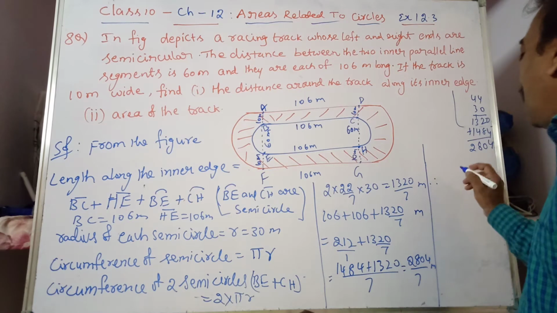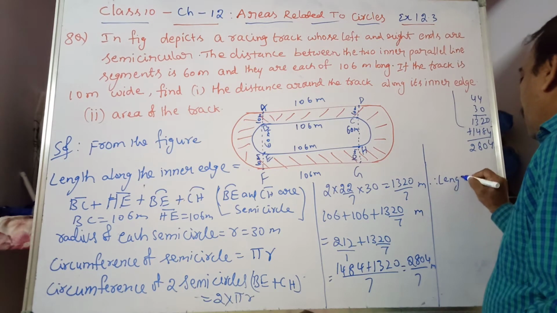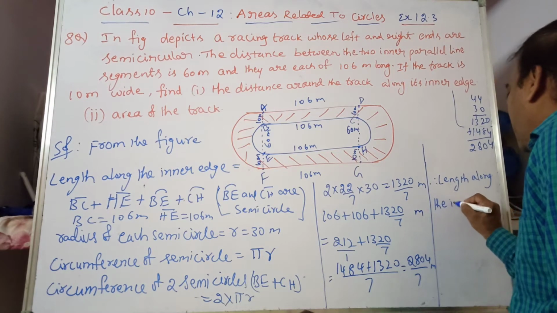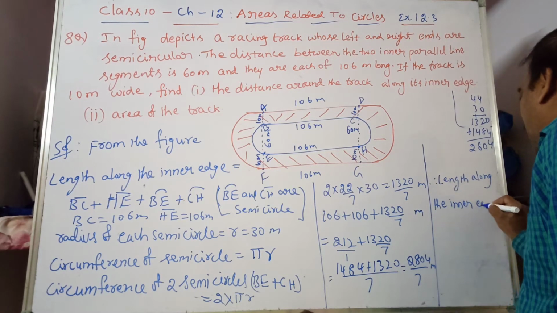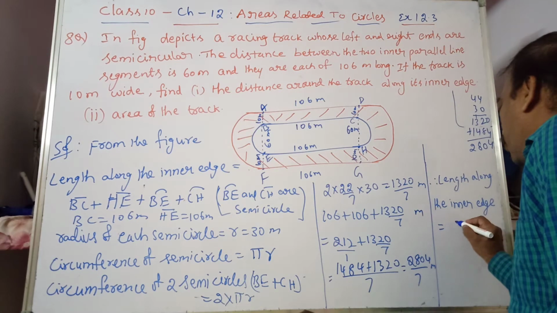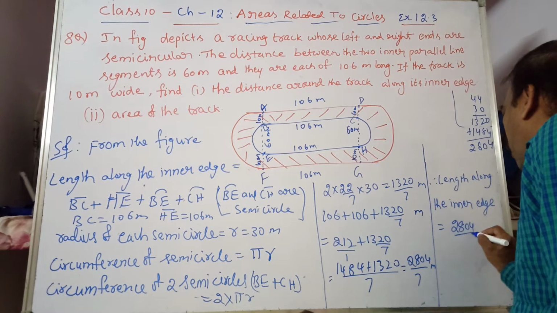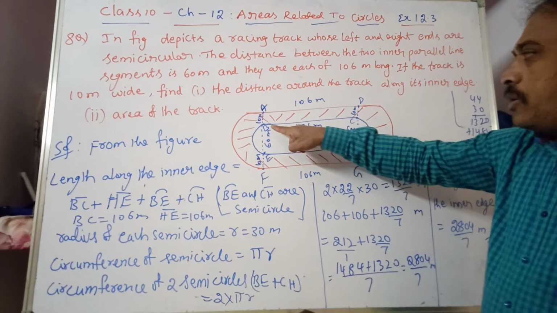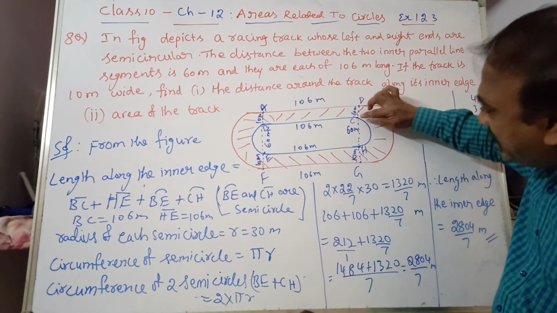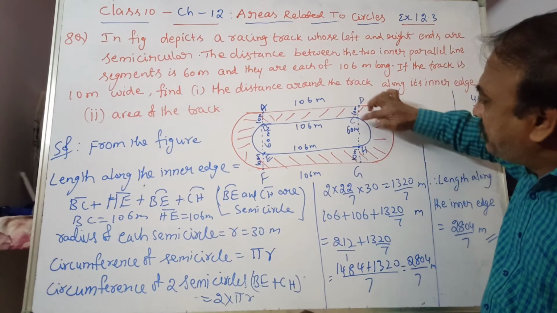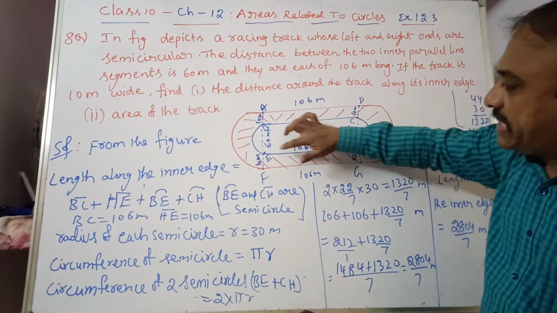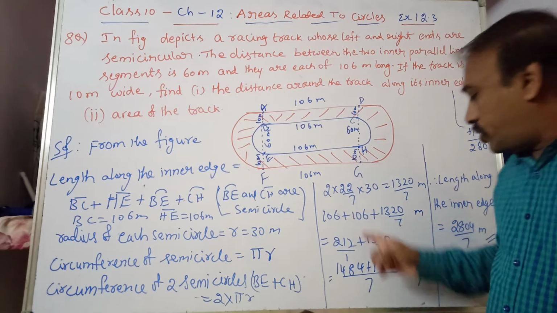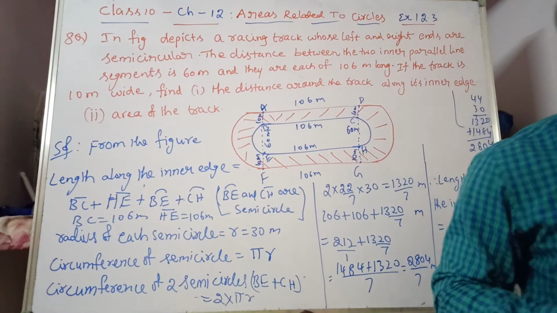Therefore the length along the inner edge is 2804 by 7 meters. The 106 meters and 106 meters are along the inner edge, and this is the circumference of the semicircle. Is it clear? So this is the total length along the inner edge.